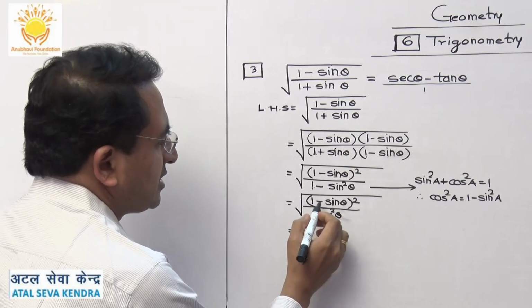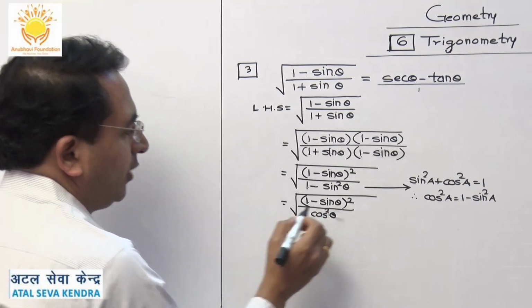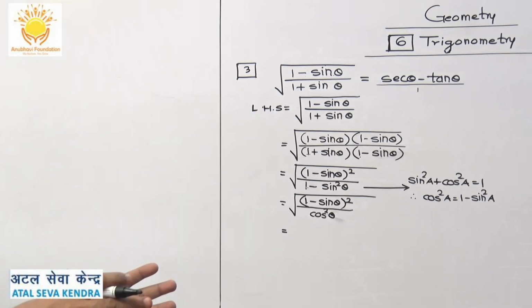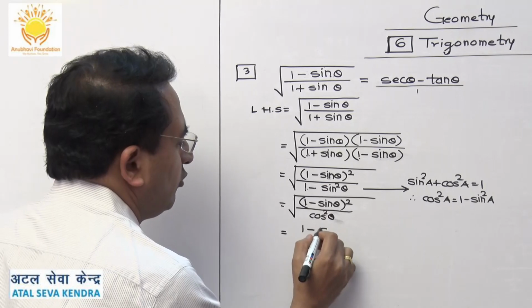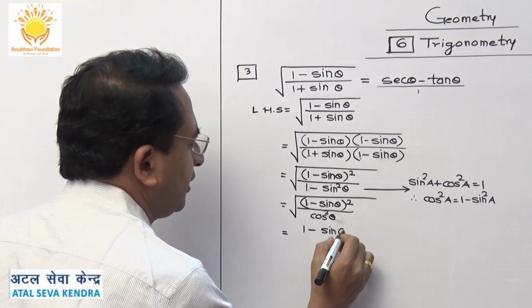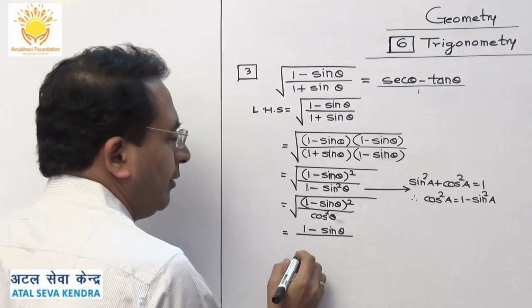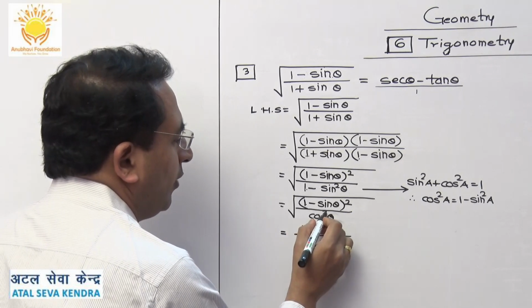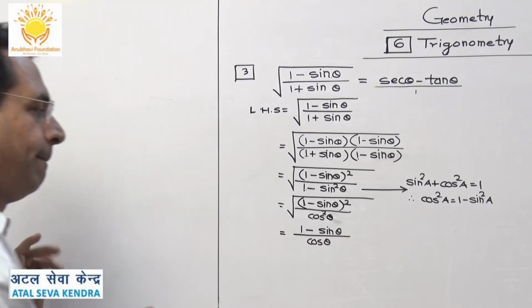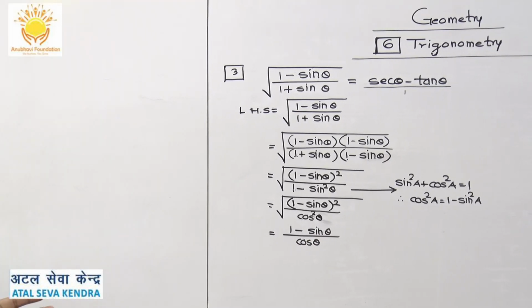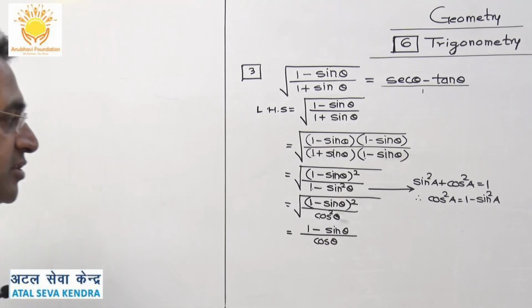Now you realize that both are perfect squares inside the square root sign. So when you take the square root, this is going to become 1 minus sine of theta, whole thing divided by cos theta. Now what you have to do? We have to modify this.